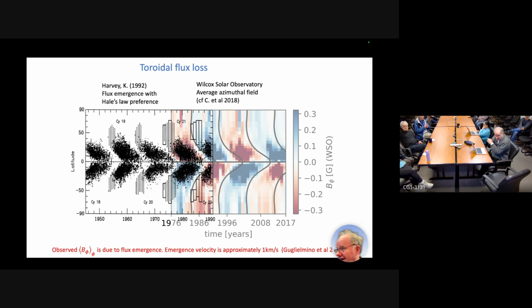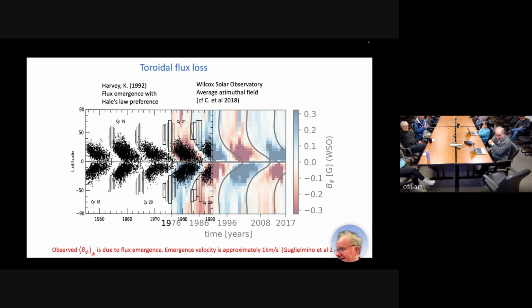And the blue and the red shadings are the inferred phi component of the field, axisymmetric average, from the WSO data. So it goes back 40 years.